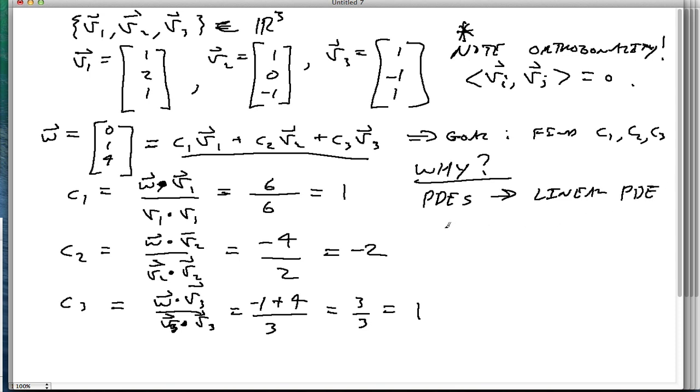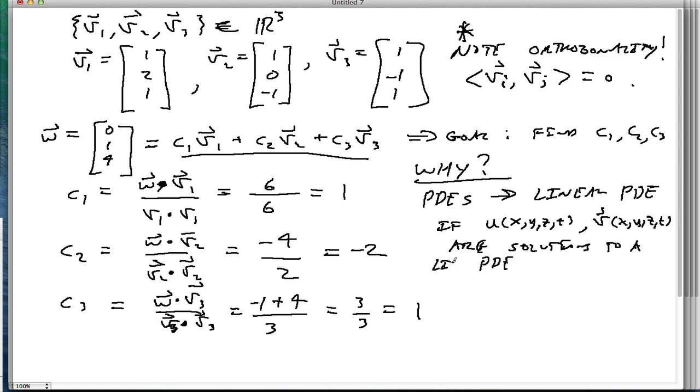Linear PDEs have a property that if u(x, y, z, t) and v(x, y, z, t) are solutions to a PDE that's linear, then it has to be that C1 u plus C2 v is also a solution.